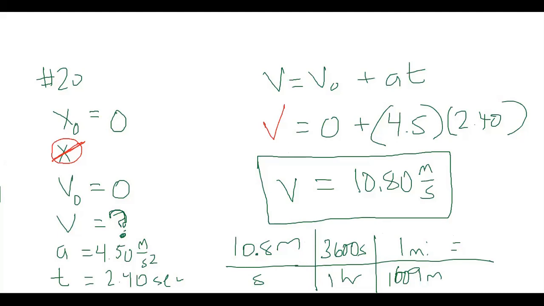No, that's not right. That's 24.16 miles per hour. So I was wrong about the 90. Yeah, 24.16 miles per hour.